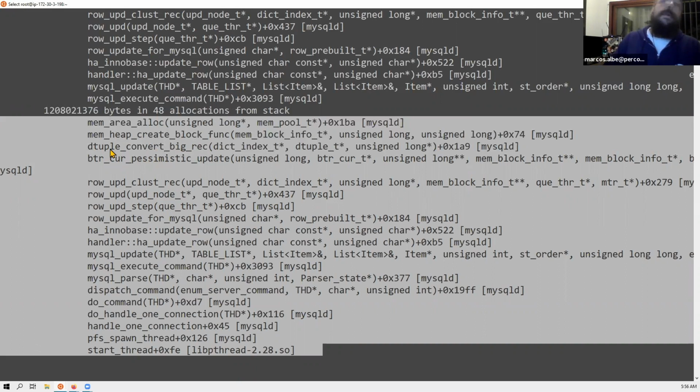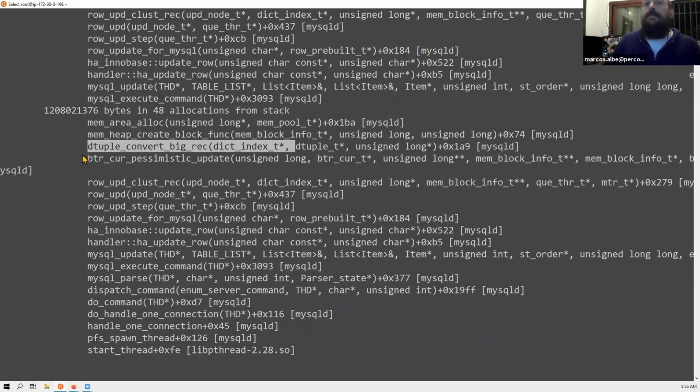And I know through code analysis that this is related to handling of blobs, which is, again, the same thing I saw on the FlameGraphs.